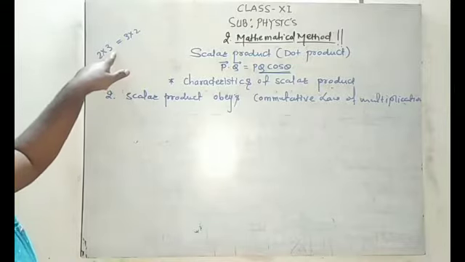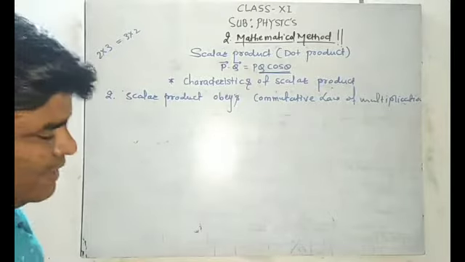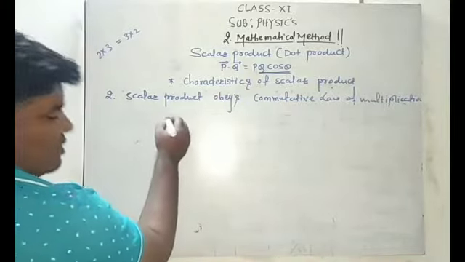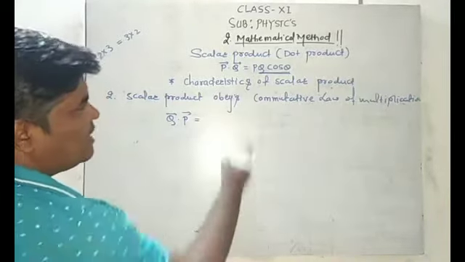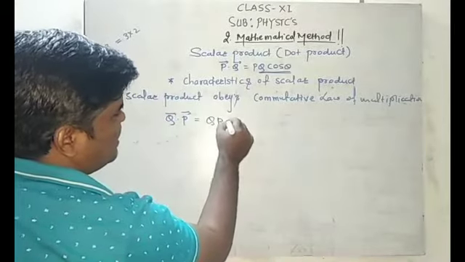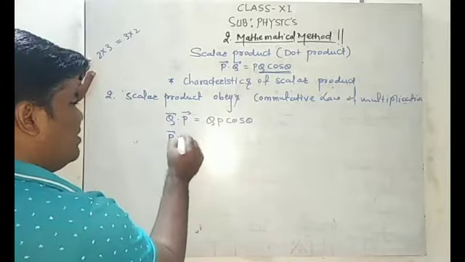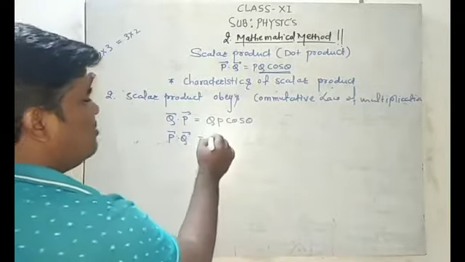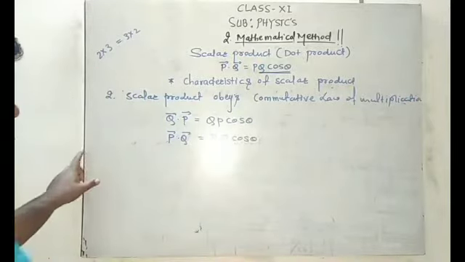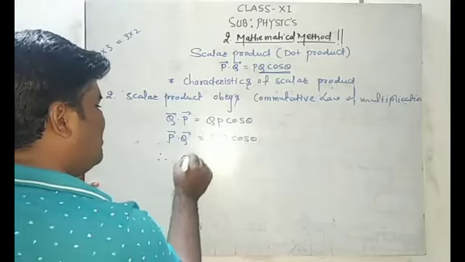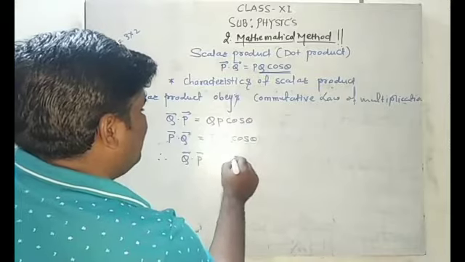So this quantity is commutative with this quantity, and this quantity is also commutative with the first quantity, right? And therefore we can write: q bar dot p bar is equal to qp cos theta, and p bar dot q bar is equal to pq cos theta, and therefore q bar dot p bar is equal to p bar dot q bar.